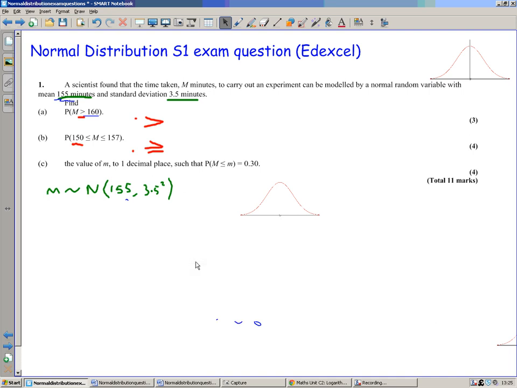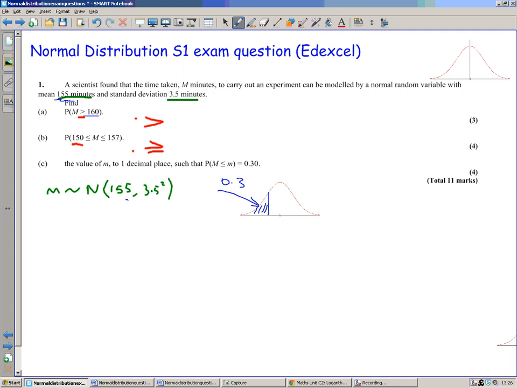It's saying find the value of m such that the probability of being less than is 0.3. So that number there is 0.3.